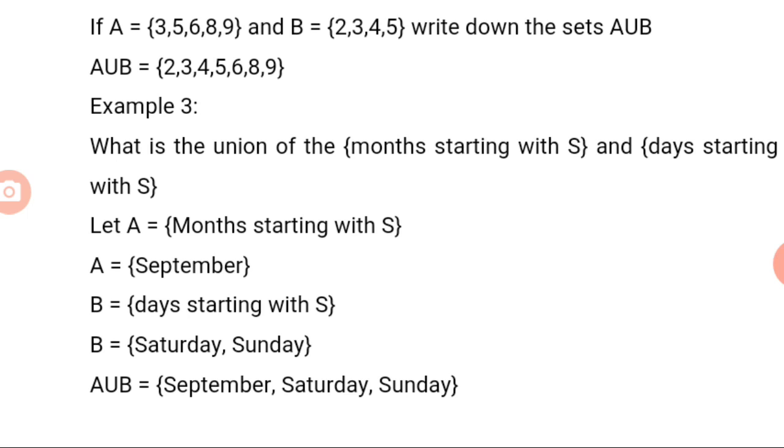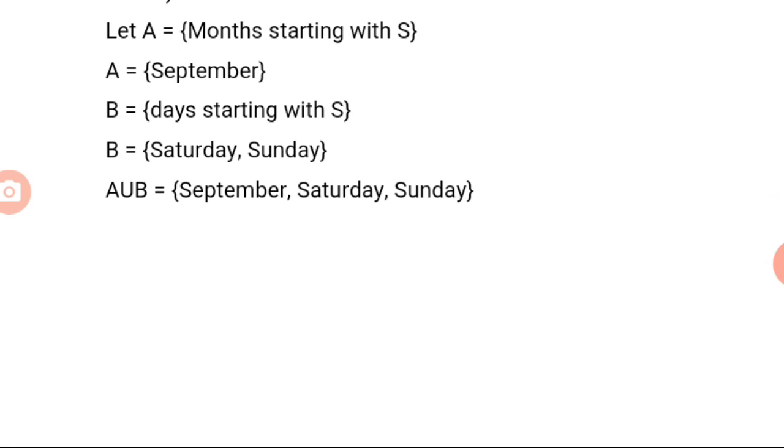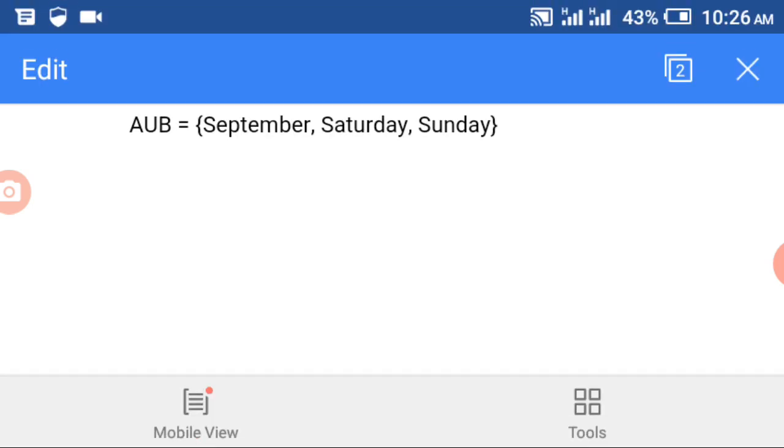Now, set A union B will have September, Saturday, and Sunday as its elements. That is A union B. Are we together?